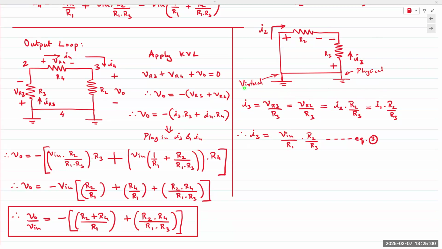So I'm moving back from I3 to VR3 to VR2 to I1. And from I1, I can move to V in. Okay, so I'm moving back one step at a time. And now I have V in my expression for I3.